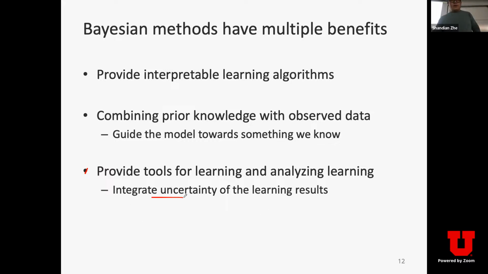And also it can integrate uncertainty of the learning results. I not only tell you why I should choose this particular hypothesis, I can also tell you my uncertainty of choosing it. Why? Because that framework allows us to calculate or at least approximate the posterior distribution of the hypothesis given the data. It's a distribution, not just a point.